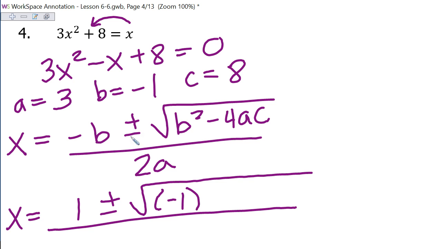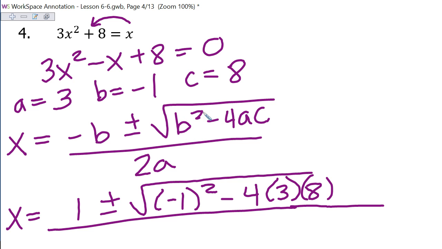If it's negative, you have to use parentheses. So -1 needs to be squared, then our -4. And what does ac mean? A times c, so we need to do 3 times 8. And in the denominator we'll have 2 times a, which is 3.